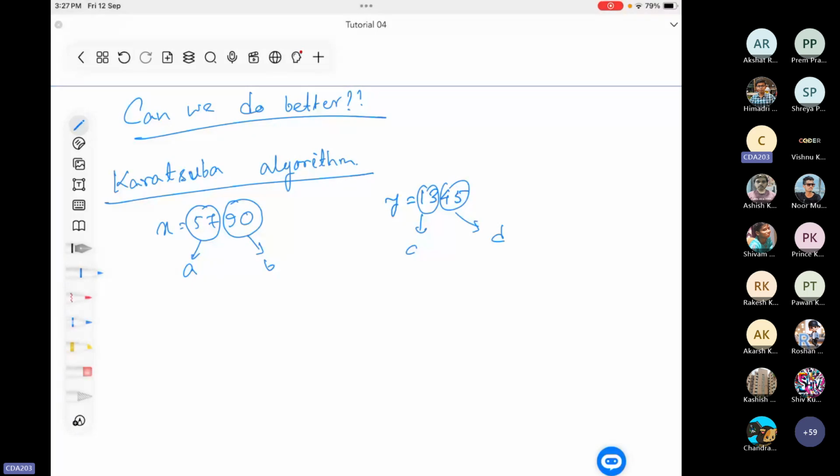If we can somehow design a recursion, then we can find the solution. Now, how to do it? Let's say this part is A, this part is B, this part is C, this part is D. Now what are the steps we do?